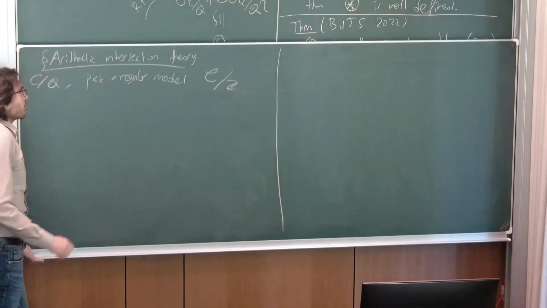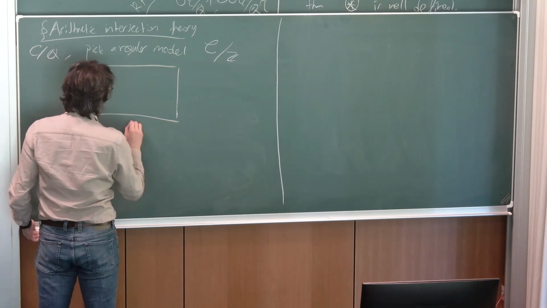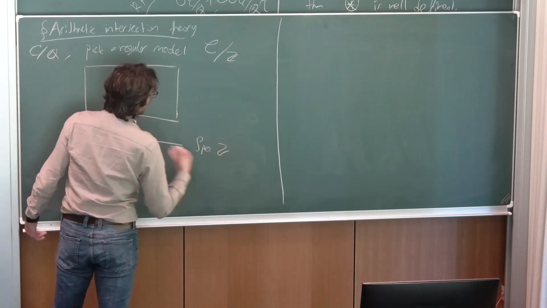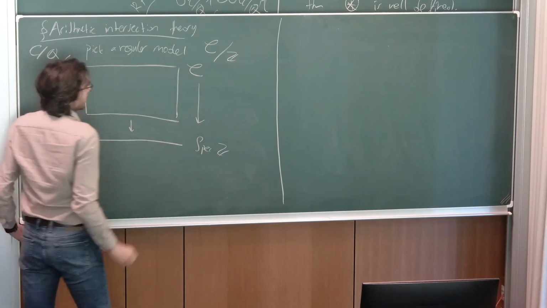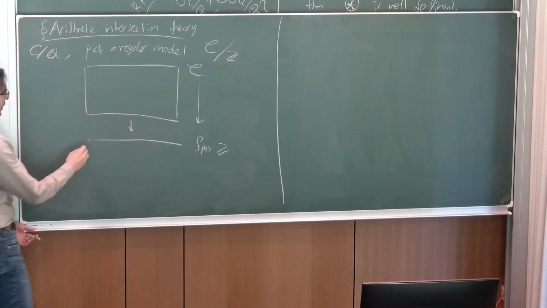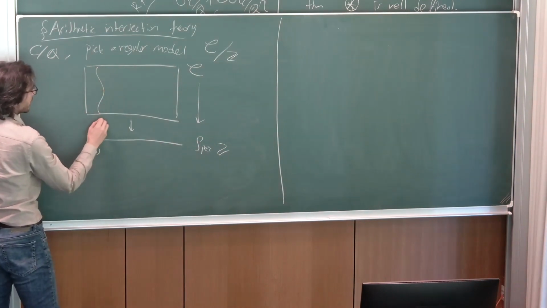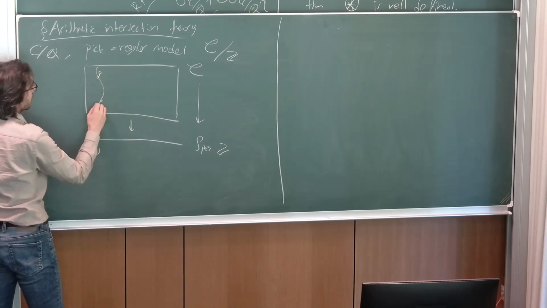And here's the picture you can have in mind. So the integers are one-dimensional, C becomes two-dimensional. So the generic fiber is our original C, and we had 2 points P and Q here.